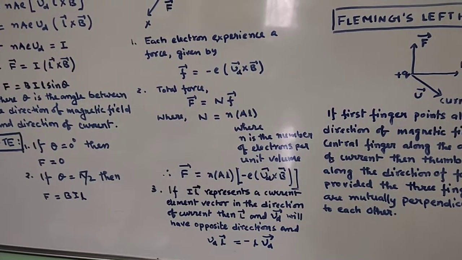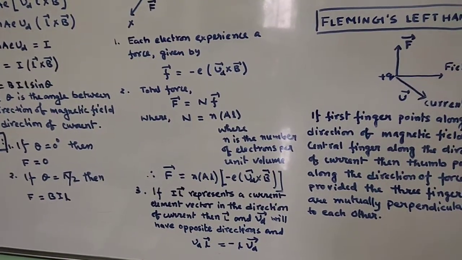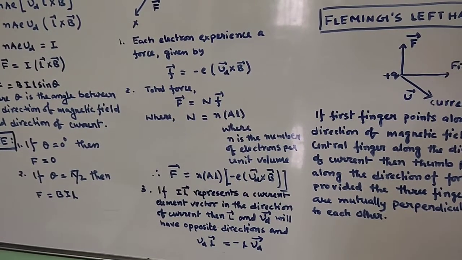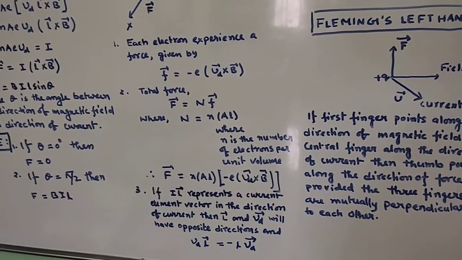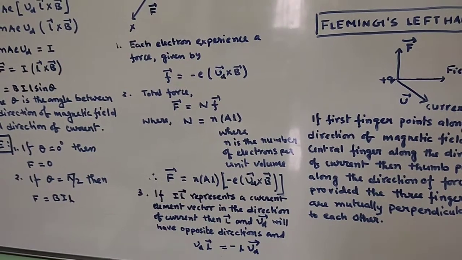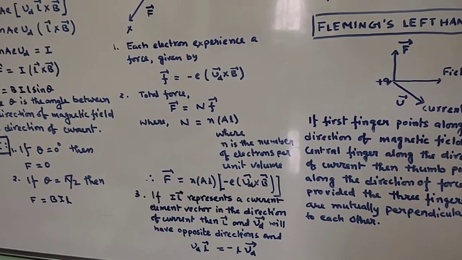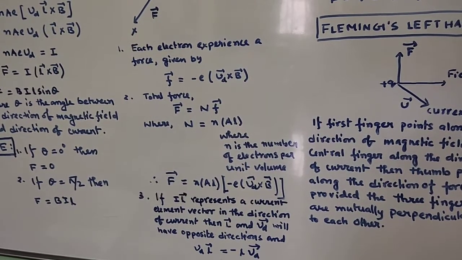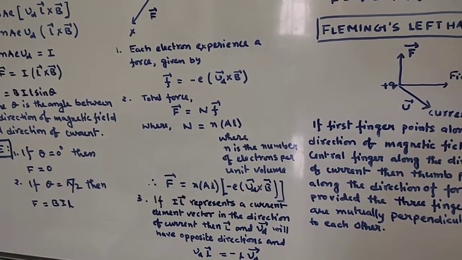Now let me try to simplify this equation, and for that we have to go to point number 3. Now if I L vector represents a current element, this is a very important one, current element. If you consider unit current, then what is the current element? For unit current, the current element is only the small l vector.